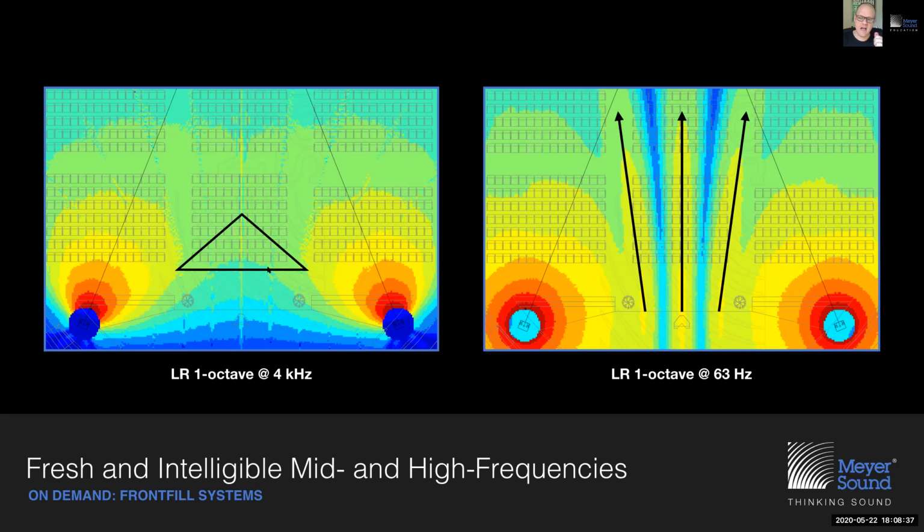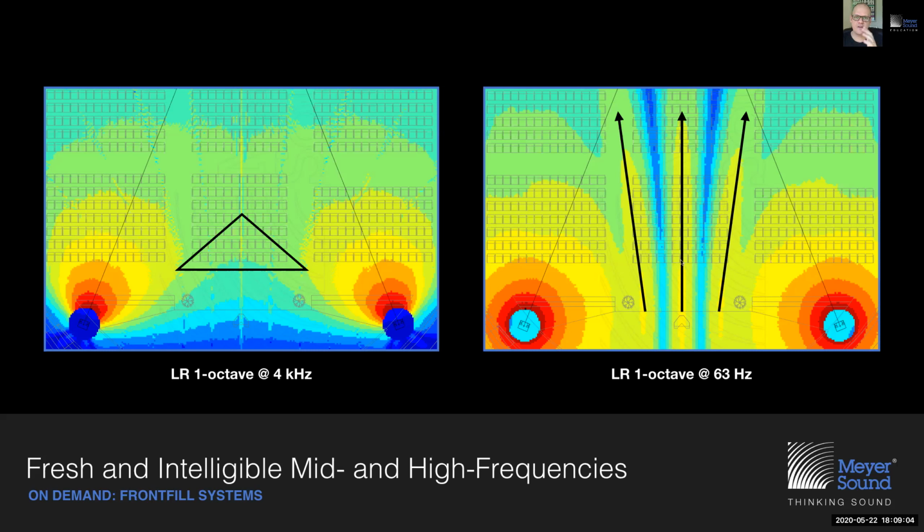Now, at the same time, at the lower frequencies, if we go to a 1-octave prediction centered at 63 Hertz, where functionally all systems tend to be very much omnidirectional, we have the power alleys and the power valleys that we discussed during the previous webinar, Lena in the House of Worship. So in the middle of the audience, in those first couple of rows, the only thing that's typically not missing are low frequencies.